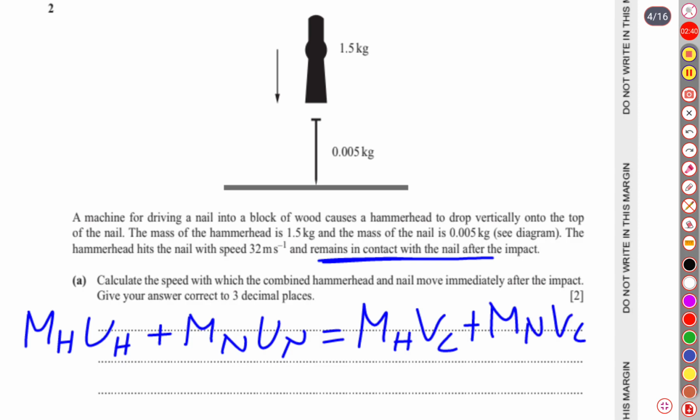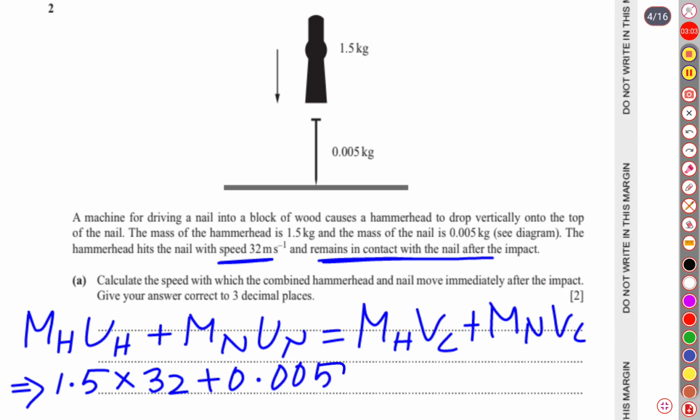So we can write mass of the hammerhead plus mass of nail into velocity of the coalesced object, that means after the collision. Then the mass of the hammerhead is 1.5 kg, and it was hitting at a speed of 32 meters per second. Then the mass of the nail was 0.005 kg, and the nail was at rest.